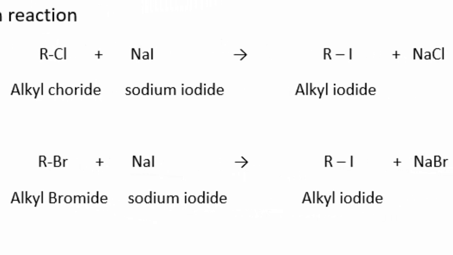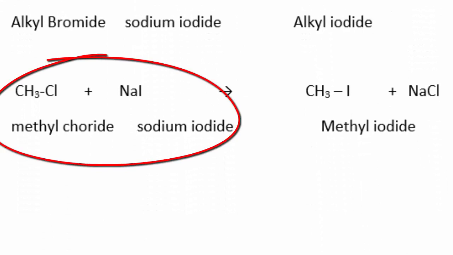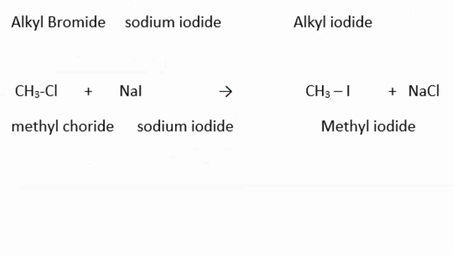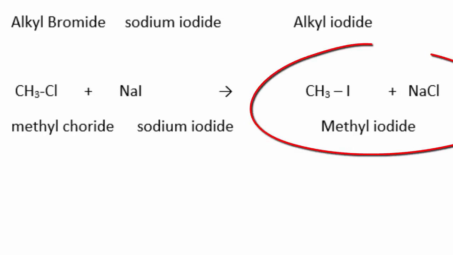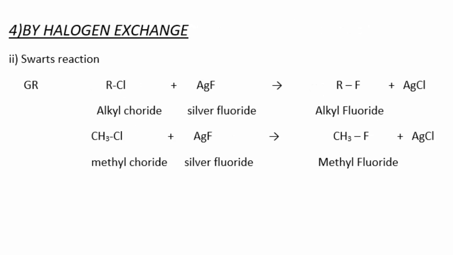Now let us take one example. We are taking methyl chloride, which on reaction with sodium iodide in the presence of dry acetone, there will be an exchange of halogen between methyl chloride and sodium iodide. It results in the formation of the product, that is methyl iodide and sodium chloride. Another name reaction under the heading of halogen exchange is the Swarts reaction.